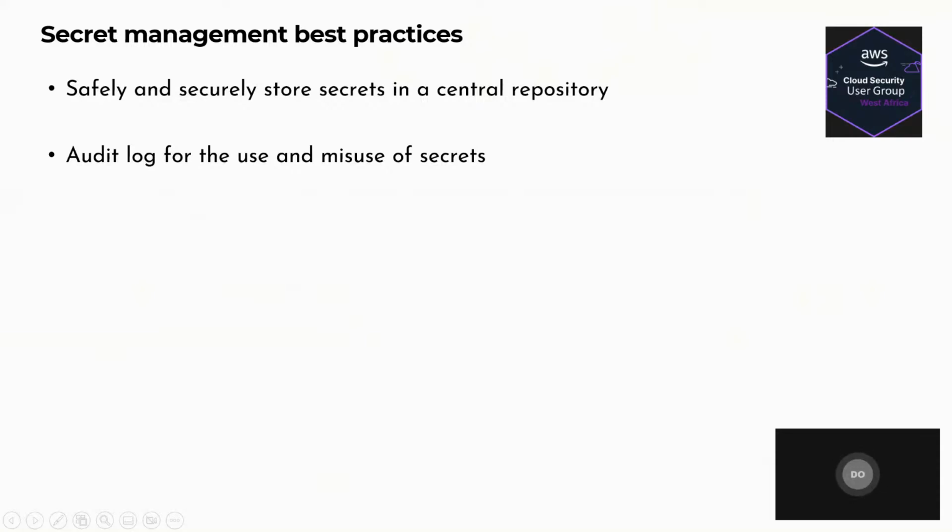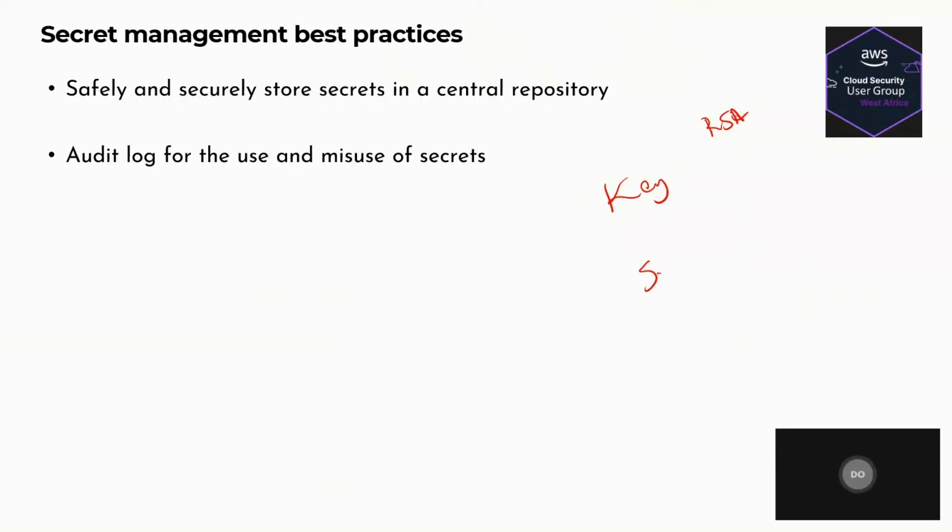Somebody asks, David, is there any difference between a secret and a key? Yes, there's a difference. A key refers to an encryption key that's generated using a cryptographic algorithm, whether that's RSA or other types of cryptographic algorithms that exist. That's a key that you can use for encrypting data.